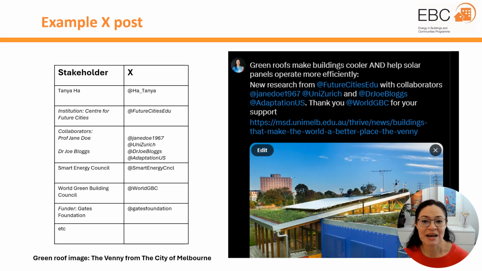If I've got space, I'll also include the handles of my collaborators with text like, new research from @FutureCitiesEDU with collaborators @Jane Doe 1967 @Uni Zurich and @Dr. Joe Blogs @Adaptation US. Thank you @WorldGBC or World Green Building Council for your support. If that doesn't fit in one tweet, I can split it into 2 tweets.